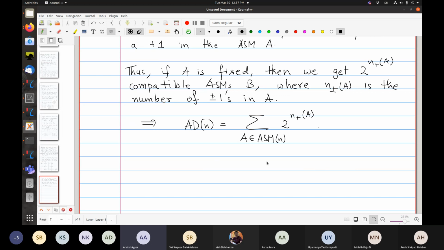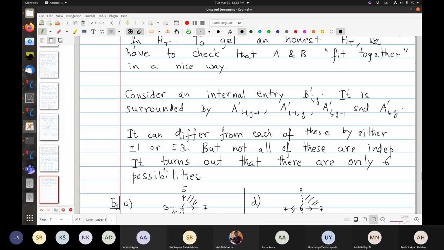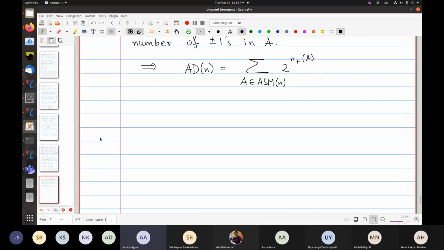Okay. Now, the second one can repeat this whole case analysis by fixing an internal entry A prime ij and looking at the corresponding entries for B prime ij's.